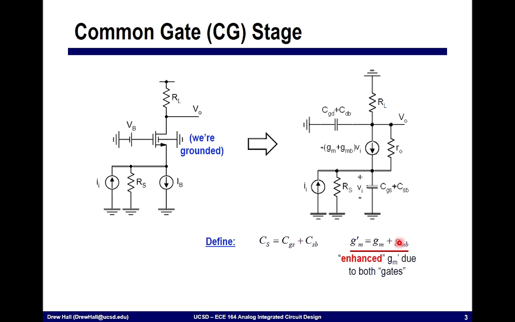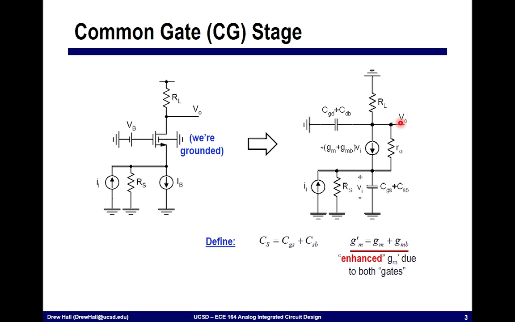Since they are combined together, they have the same polarity, so we get a benefit from the body effect in this case. So our GM prime, if you will, is actually larger due to the fact that we have both contributing. So we're going to have some signal come in here, and the signal is going to be buffered by this transconductor, and then we'll measure the voltage at the output.